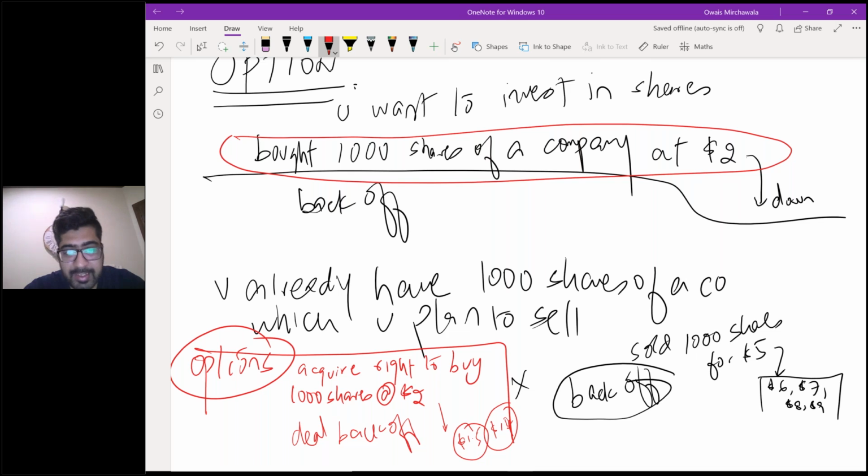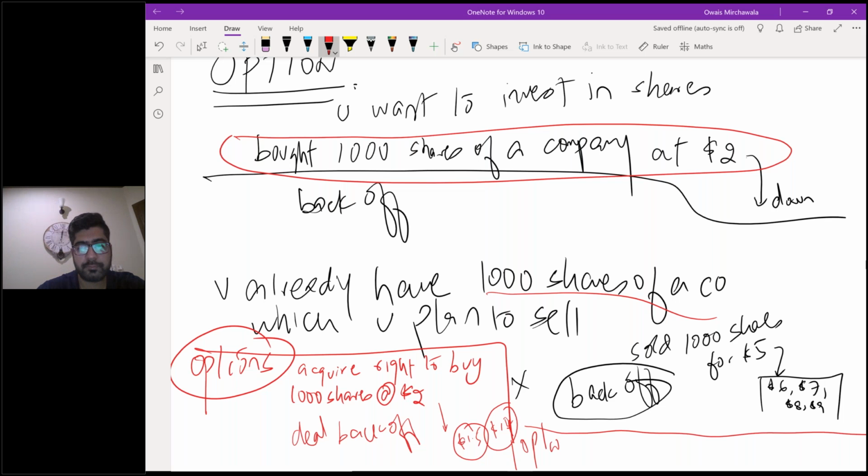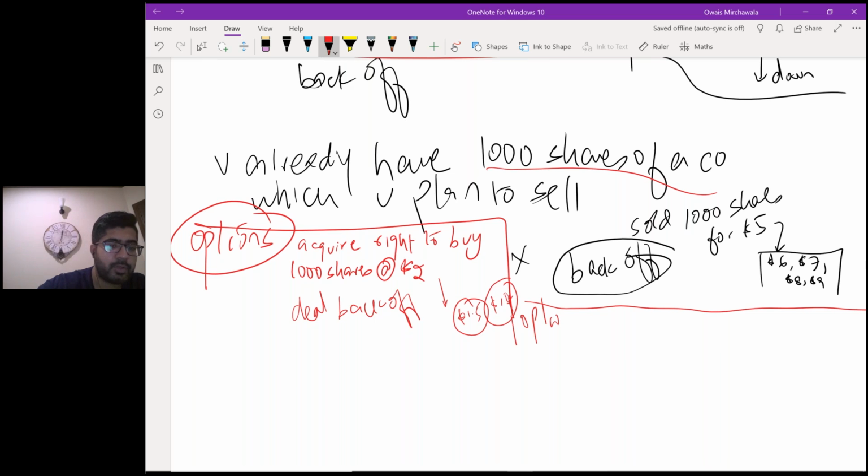Similarly, let's suppose you already have 1,000 shares you plan to sell. If you sold these shares and the prices start going up, you will suffer loss. Go into the options market.